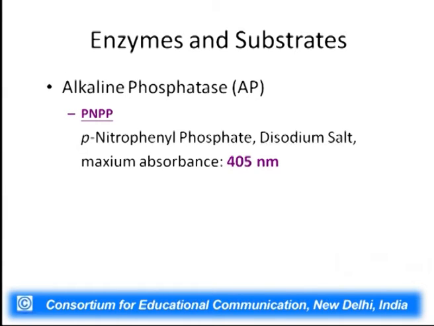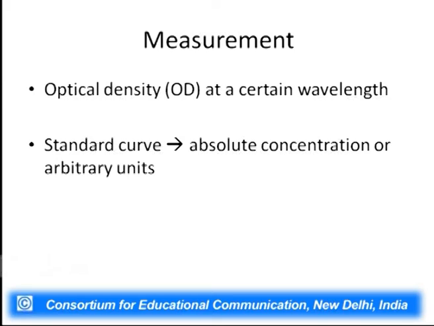There are more enzymes. I can have alkaline phosphatase as an enzyme. For this, the substrate required would be PNPP, which is p-nitrophenyl phosphate, and this is a disodium salt. This can be read at 405. So what do we see? That between 405 and 490, we can read most of the chromogen assays which are based on enzymes.